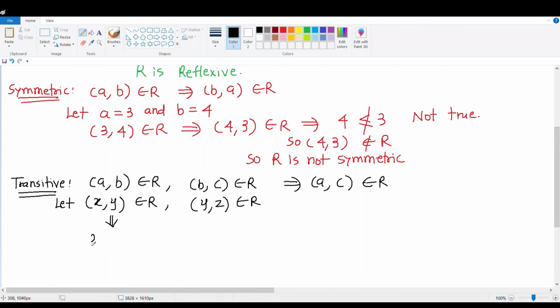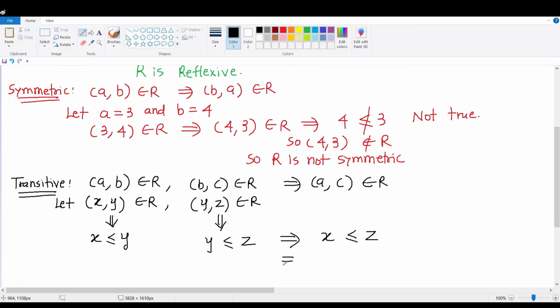So that means x is less than or equal to y, and y is less than or equal to z. Of course, that is going to imply that x is less than or equal to z.